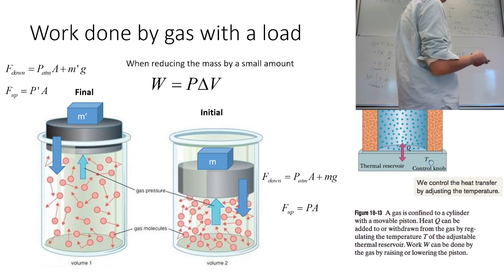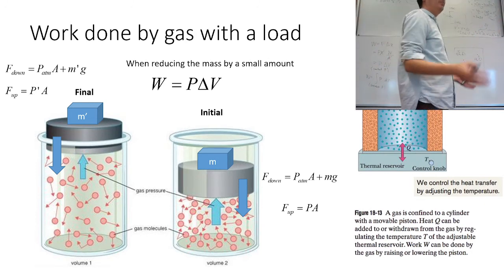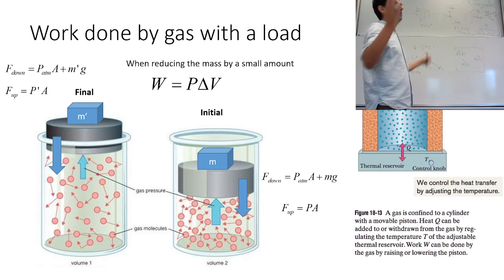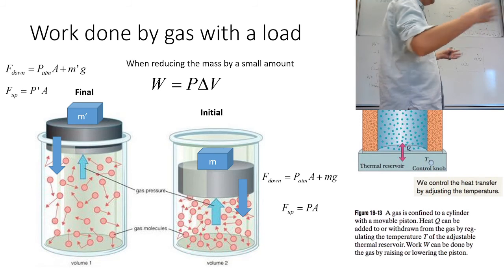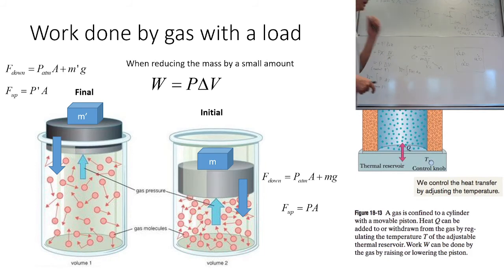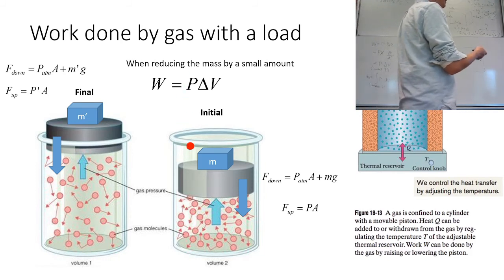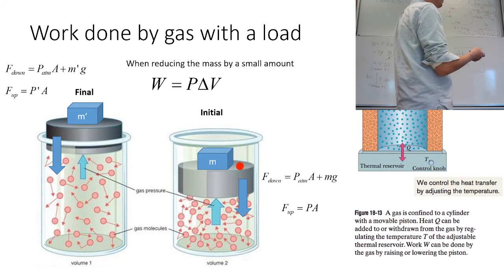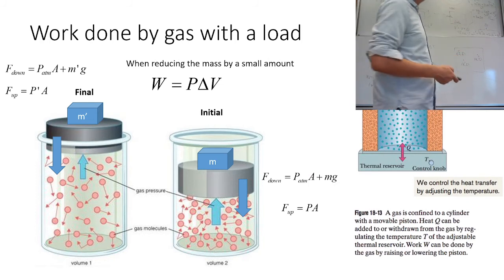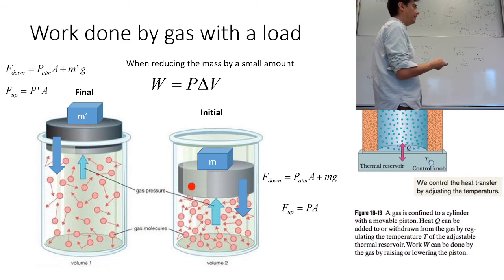That's pushing it down, so you can't forget that we're in a pressured environment. The air in the room is applying a force on everything in all directions, so there's no exception for this piston. So the air in the room is providing a force downwards. It's atmospheric pressure here. But also we've got a mass on top, so there's also going to be a force of mg down. And where this balances is when these things are equal.